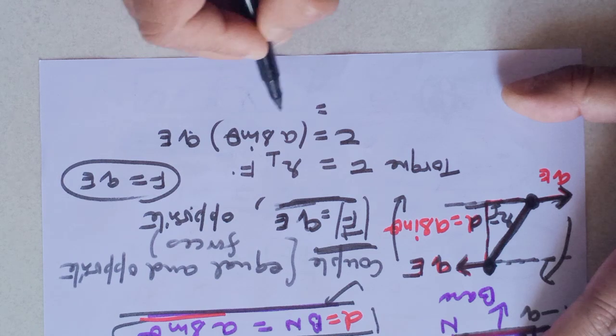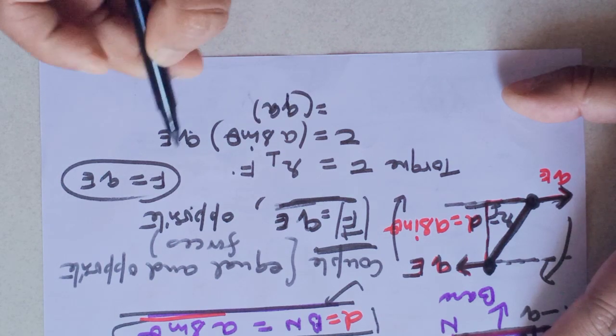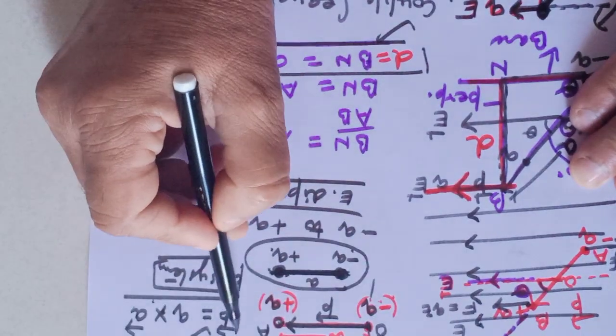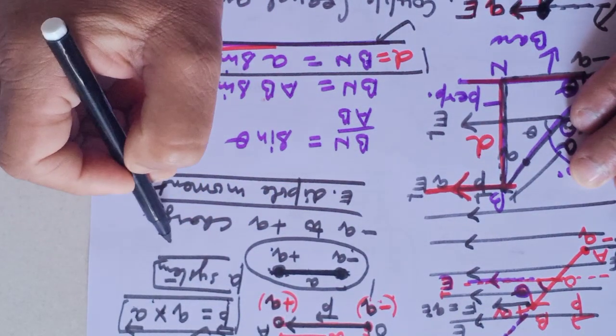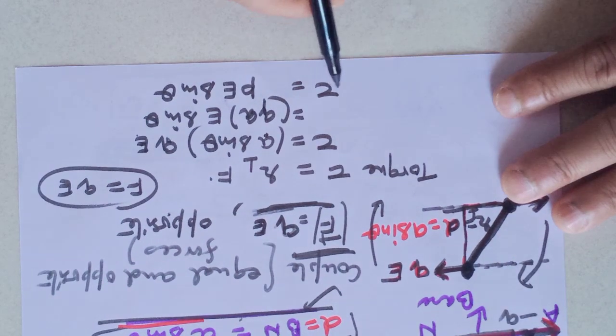Now q into A is the magnitude of P. So we get P, E and sine theta: tau is P E sine theta.